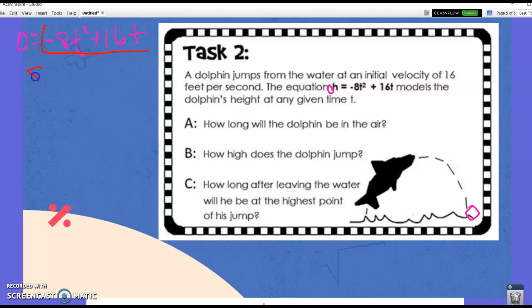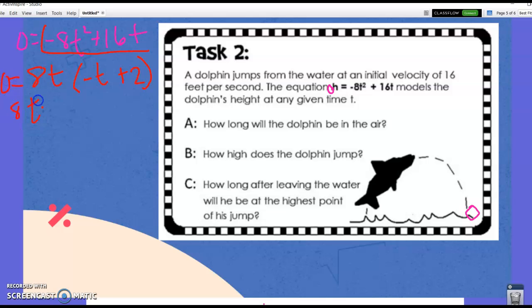So if I factor out an 8 and a t, because they both have an 8 and a t in them, then I'm left with negative t plus 2.